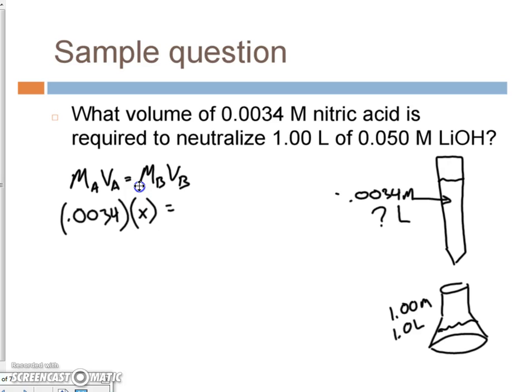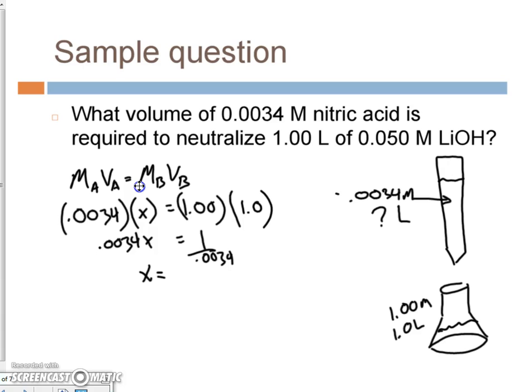How much do we need? Is equal to molarity of the base, 1.00, times, well, the volume of the base, 1.0. I can do this math in my head. 1 on this side. So 1, and then over here, 0.0034x. Well, x equals 1 divided by 0.0034.